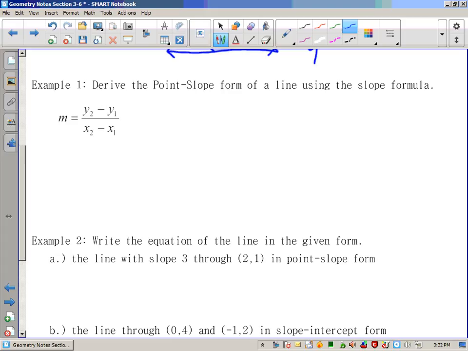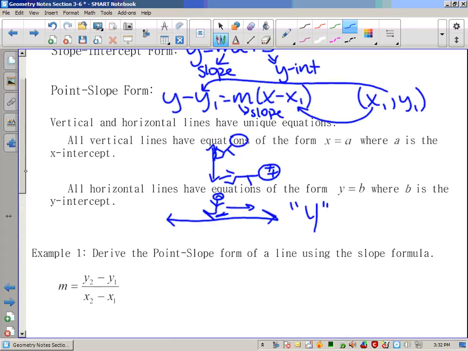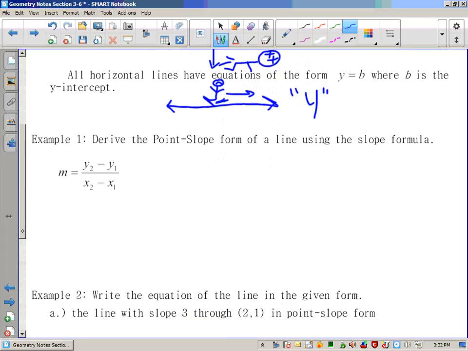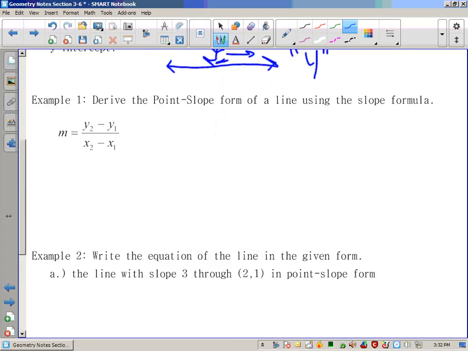The point slope form of a line that we talked about up here, where I told you, you know, point, slope, and all of that, I can derive it from the slope formula. We've worked with this before. So let's say we've got 2 points, x1, y1, x2, y2.